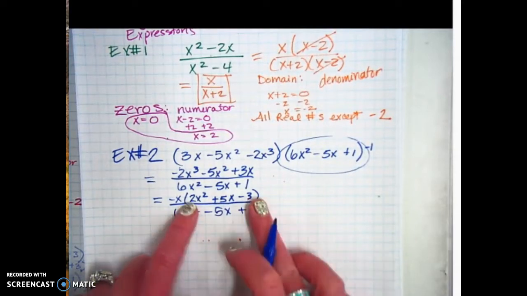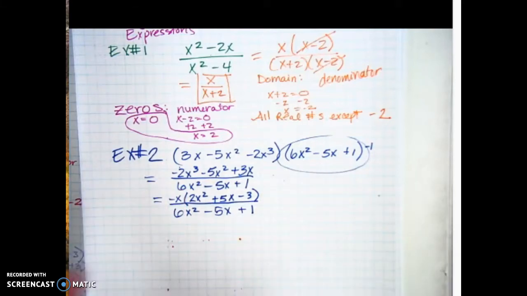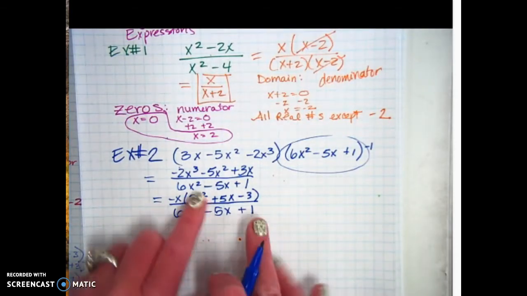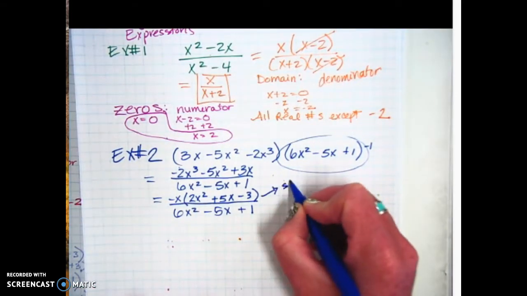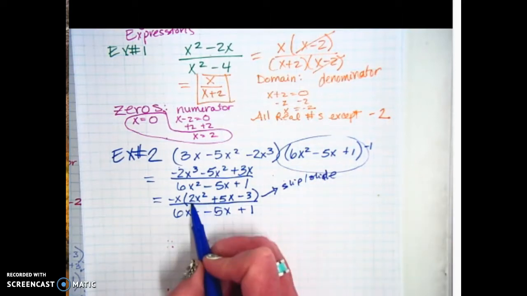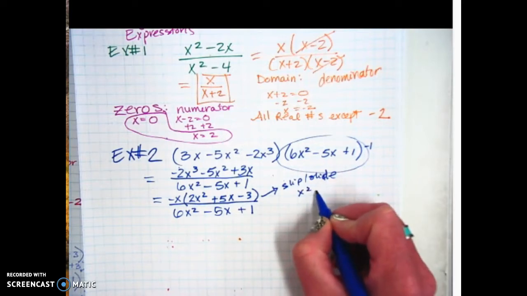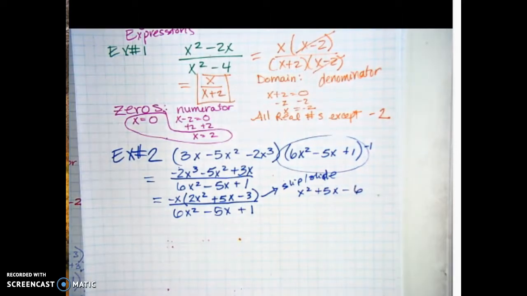All right, so now let's look within these parentheses right here. Does it follow a pattern? Is it like perfect squares? No. Is it easily factorable? No, because it has that leading coefficient of 2. So let's do slip and slide on that one. So I'm going to take that 2, multiply it by the negative 3, so I'm going to have x squared plus 5x minus 6.